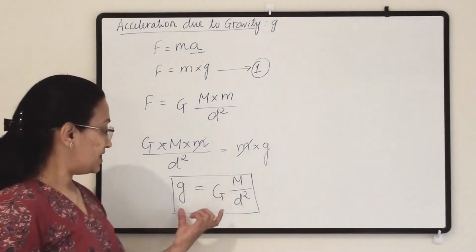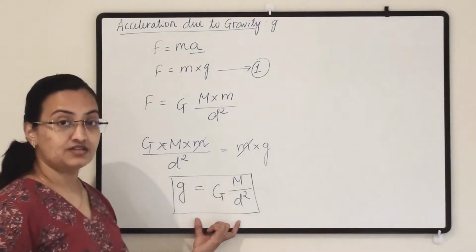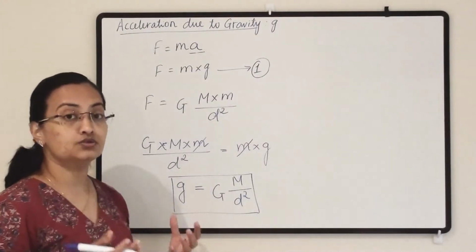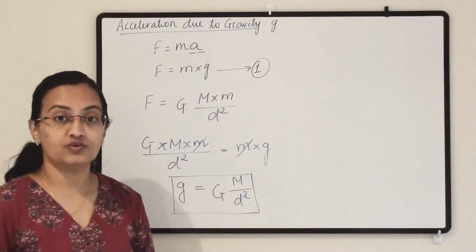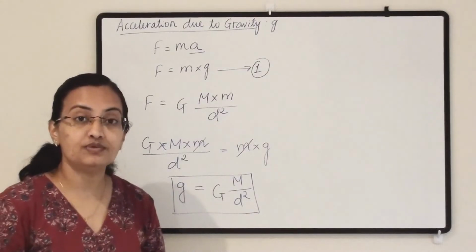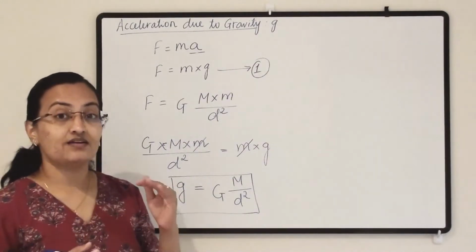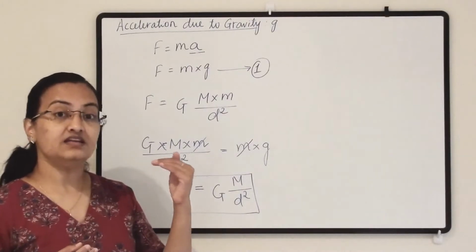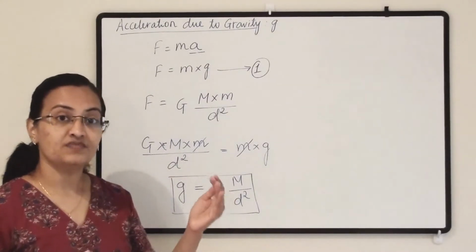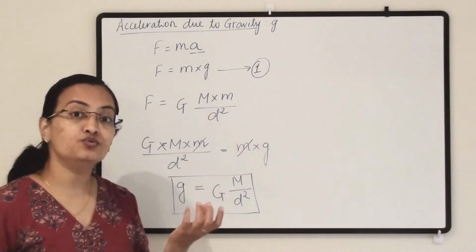Now when we are calculating this acceleration due to gravity, the earth will come into the picture because always the gravitational pull will be from the earth. So any object which is lying on the earth or near the surface of the earth is always getting attracted towards the earth.